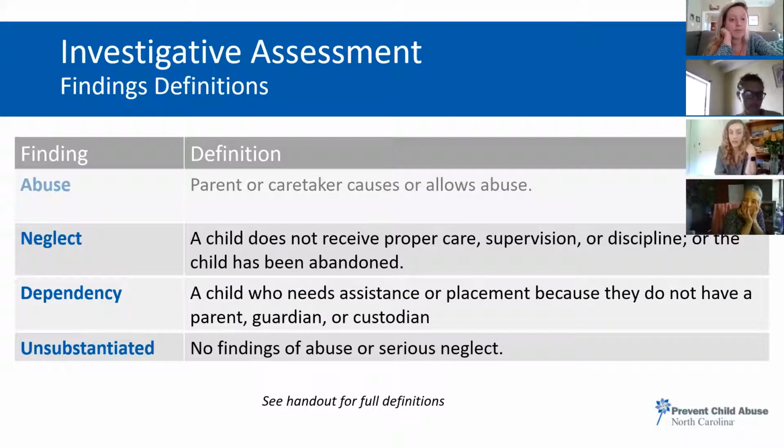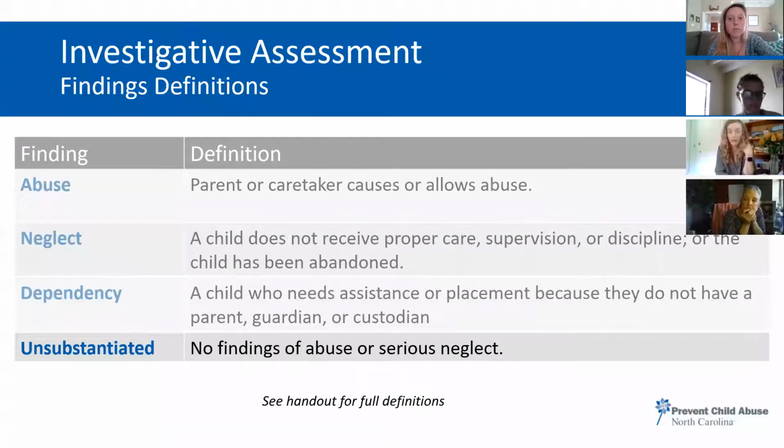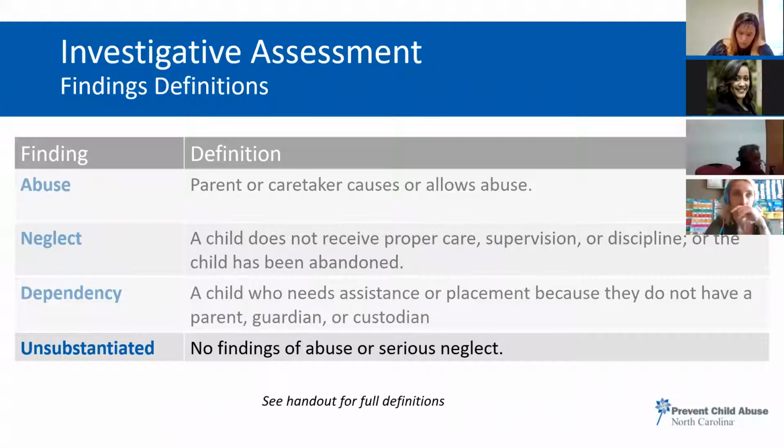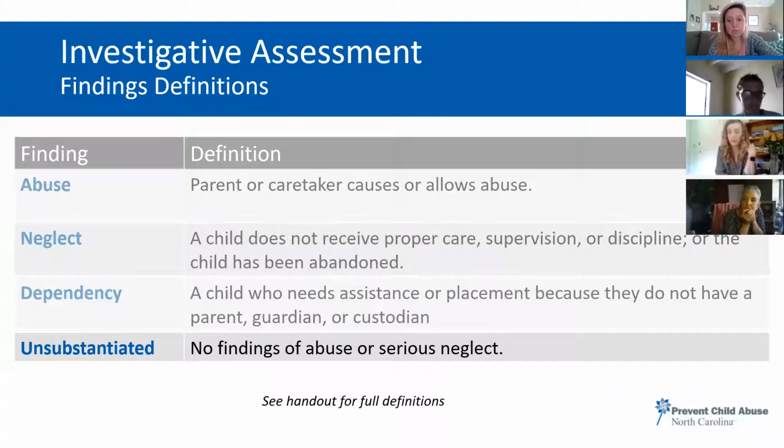Neglect is that the child does not receive proper care, supervision, or discipline, or the child has been abandoned. Dependency is a child who needs assistance or placement because they do not have a parent, guardian, or custodian. And unsubstantiated would just mean that there were no findings of abuse or serious neglect as part of that investigative assessment.